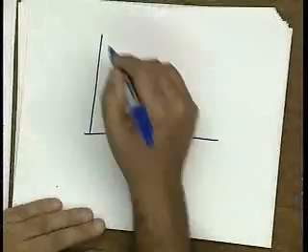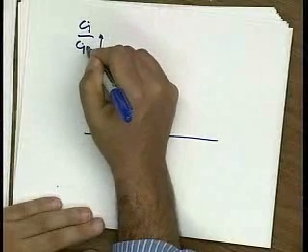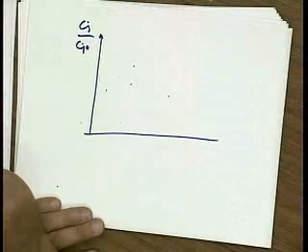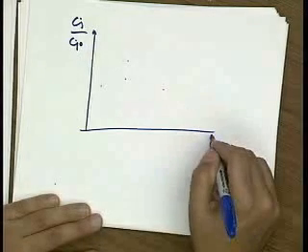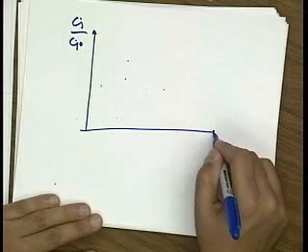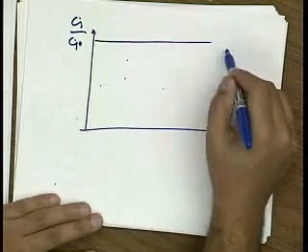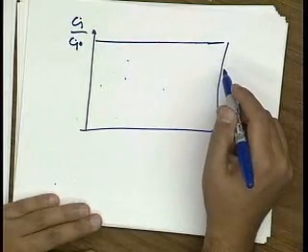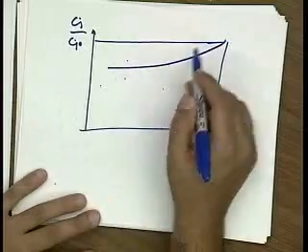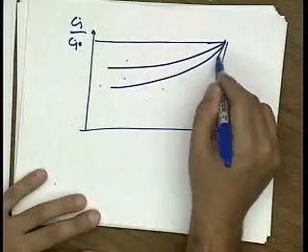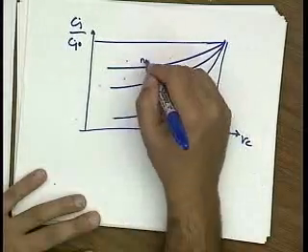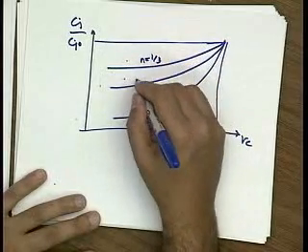Now, if you plot the typical junction capacitance normalized to zero bias capacitance versus control voltage, let's say this is 0, the curves look something like this. It's a very gradual change, and the slope depends a lot on the junction profile.